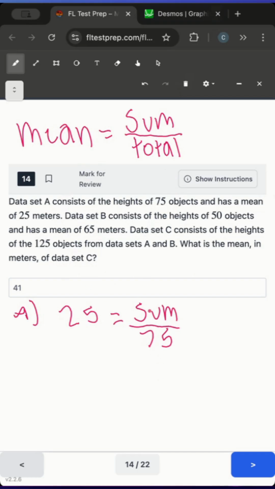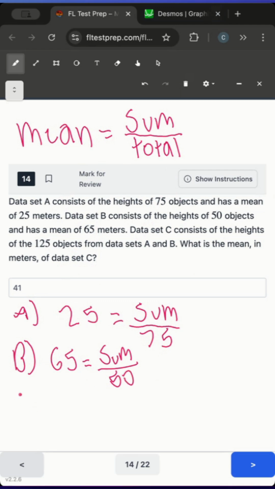Do you see how we can now see what we can solve for? Let's do B. B is the heights of 50 objects and a mean of 65. So 65 equals the sum over 50 objects.